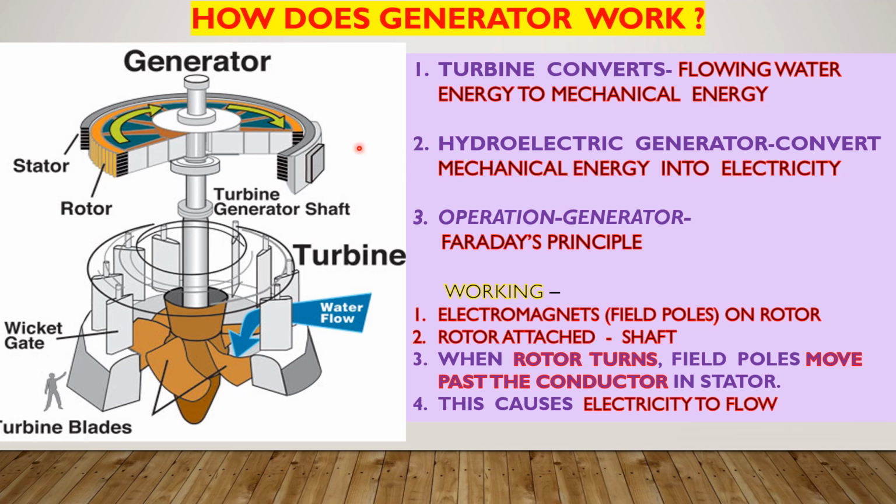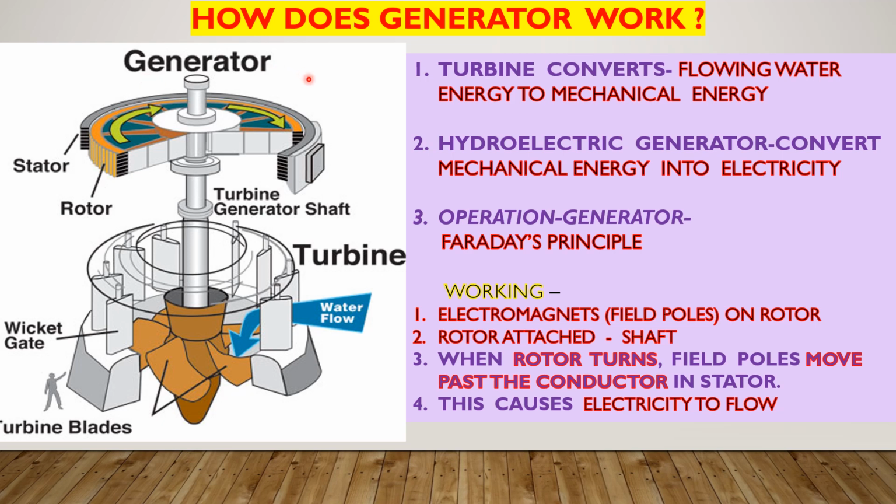See, in hydroelectric power generator, there are two parts. One is the turbine, the other is the generator. The turbine is known for what? As the flow of water is high, the turbine rotates and the flowing water energy is turned to mechanical energy. Now this mechanical energy is converted to electrical energy with the help of this generator. But how?